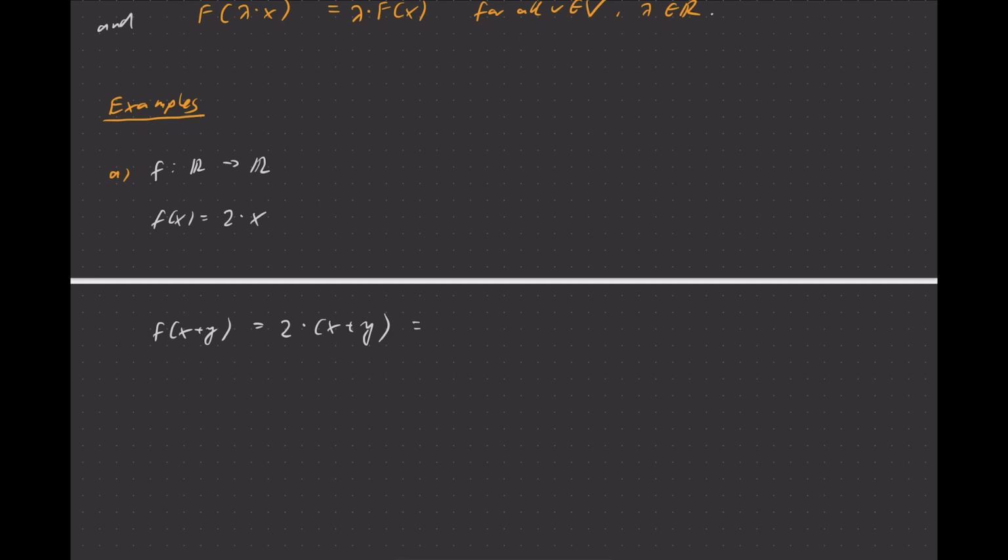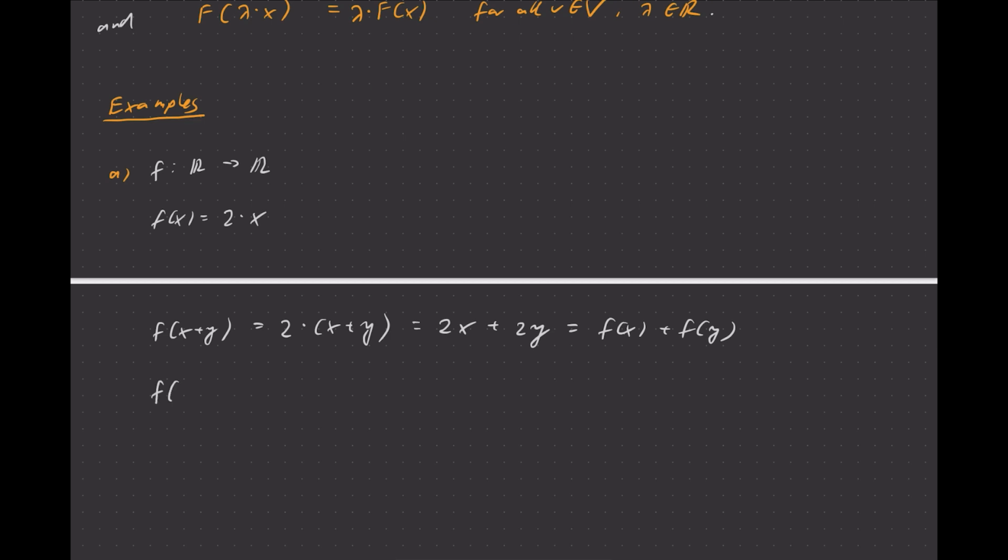By the rules of computation for real numbers, that's the same thing as 2x plus 2y. And now here, this here is exactly f of x. This here is f of y. So we get f of x plus f of y. So that means that the first property of linear functions holds in this case.